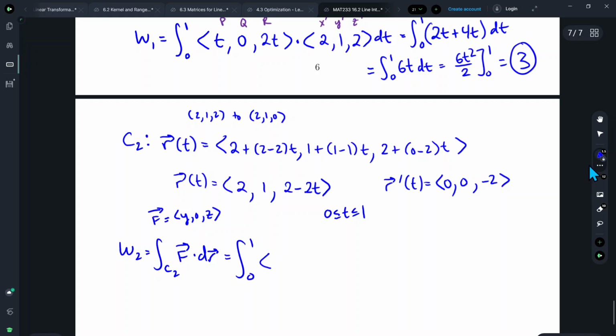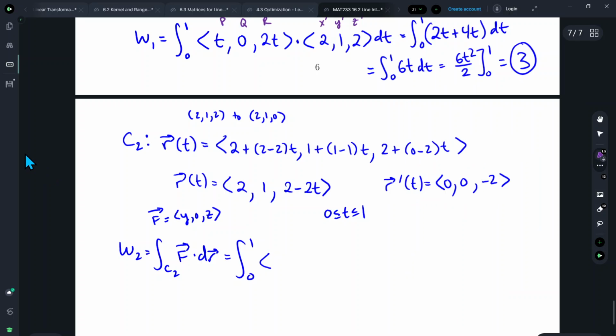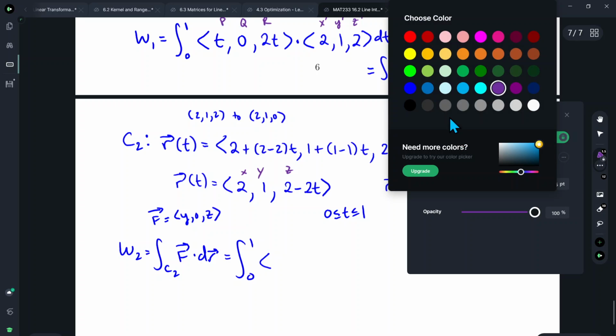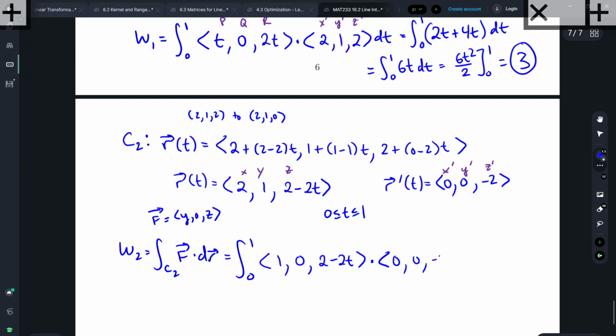Right, so hold on, let me annotate so I know what goes where. Right, so this is x, this is y, this is z, this is x prime, y prime, z prime. Okay, so y is 1. This is 0. And then z is 2 minus 2t. Dot r prime is 0, 0, negative 2.